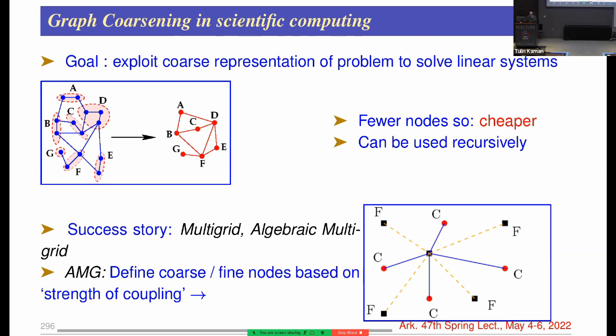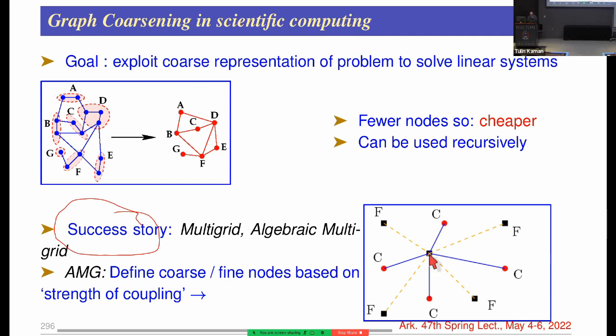In scientific computing, you would like to exploit this coarse representation when you solve linear systems or eigenvalue problems, and so on. The big success story in scientific computing is obviously multigrid and AMG, algebraic multigrid. So here we have a node. You have neighbors. These are the AIJs in your system.